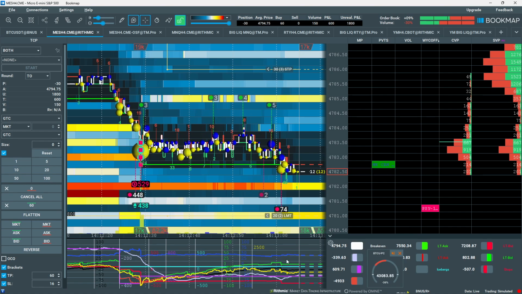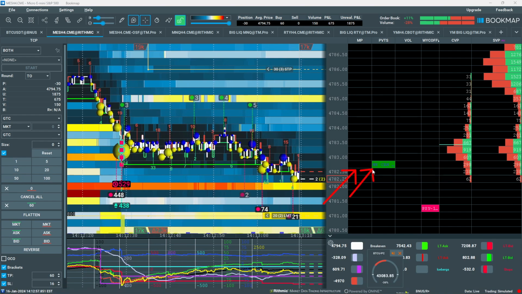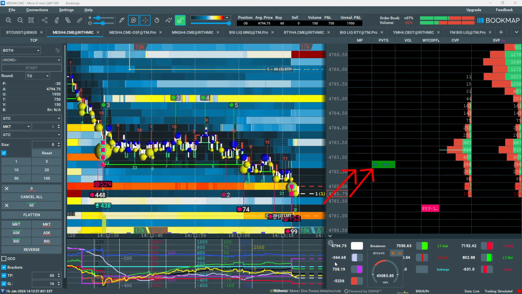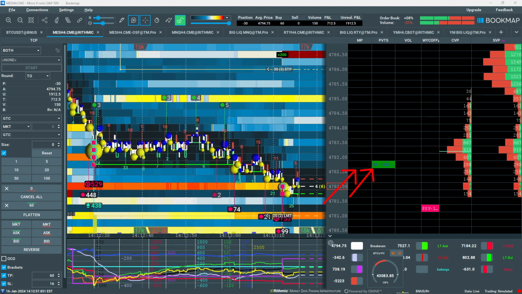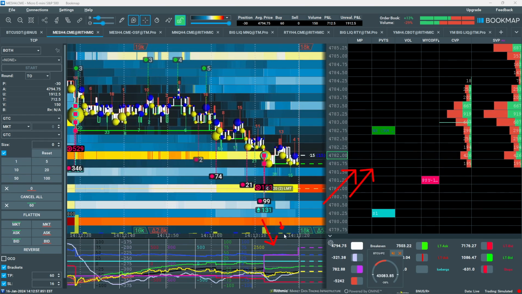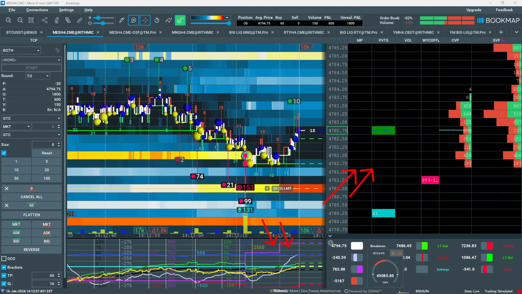Stops NQ sell. Sweep NQ. Absorption RTY. Stops NQ sell. Absorption sellers ES. Stops ES sell. Sweep ES. Absorption sellers NQ. Stops NQ buy.